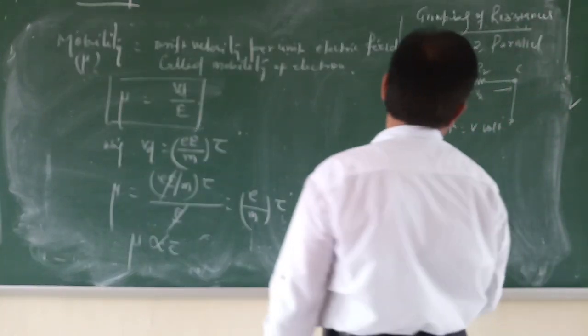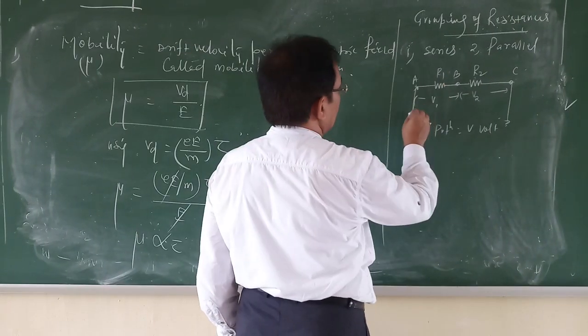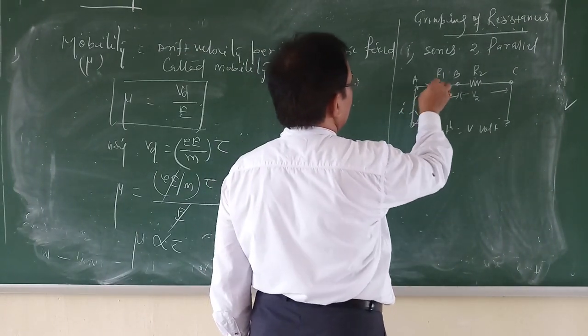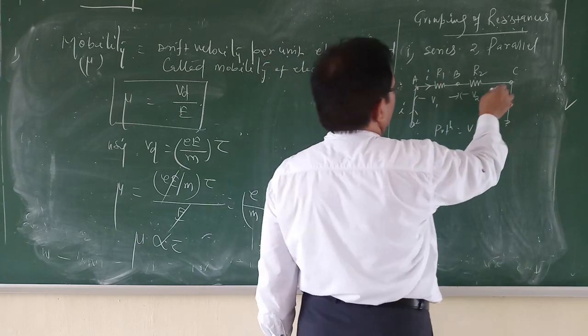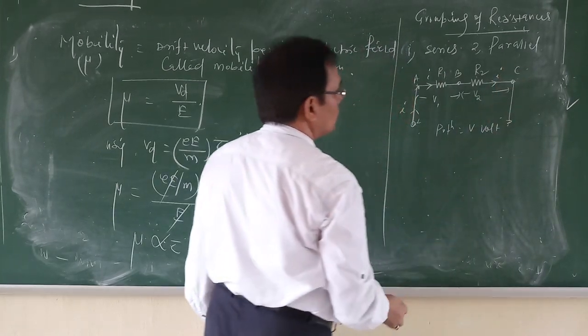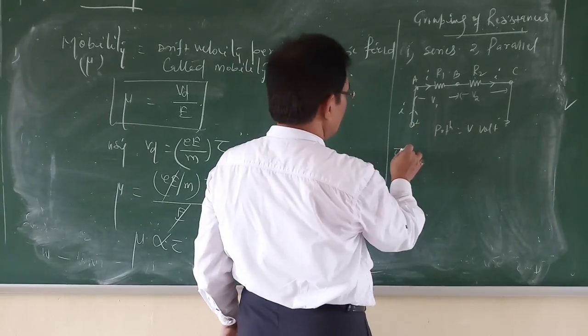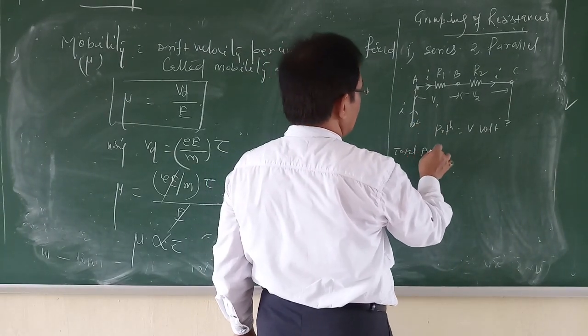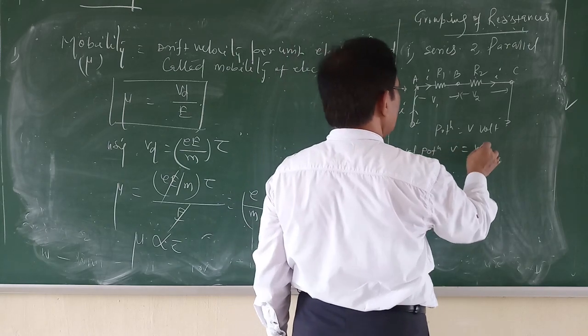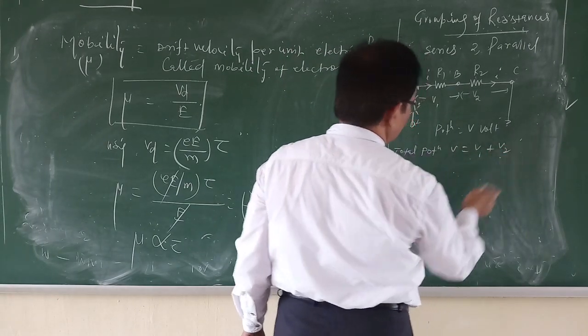When the current is flowing through this grouping, the same current will flow through R1 and R2. But the potential varies. So total potential V equal to V1 plus V2.